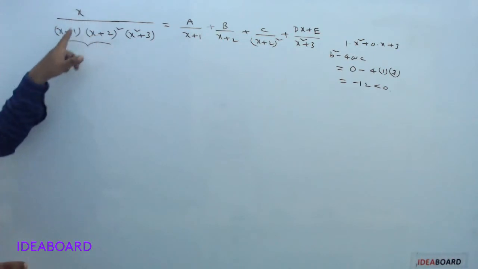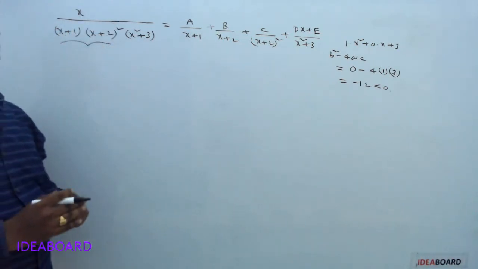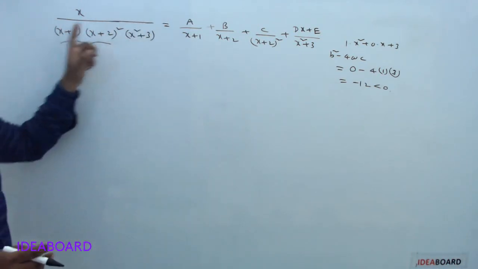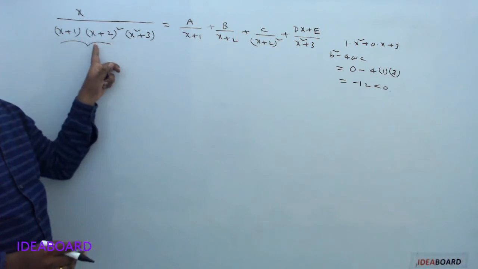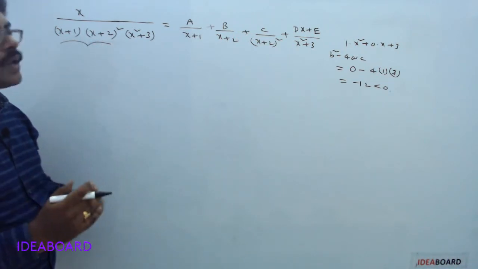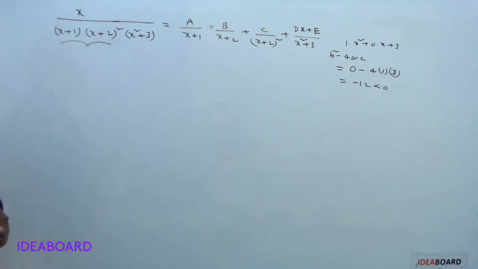So x divided by (x plus 1) into (x plus 2) whole square into (x square plus 3) can be taken as a divided by x plus 1 plus b divided by x plus 2 plus c divided by (x plus 2) whole square plus dx plus e divided by x square plus 3.